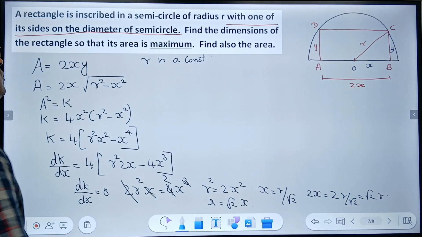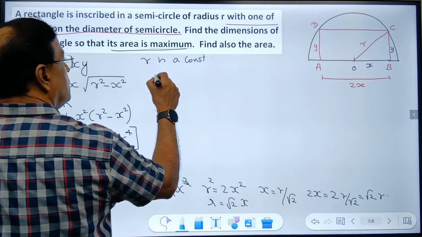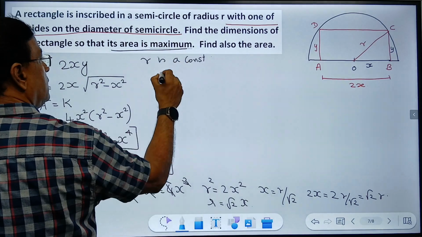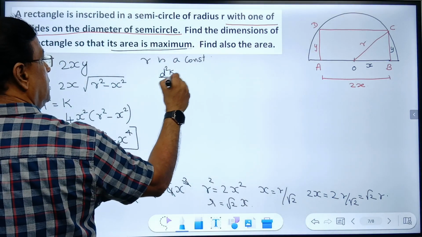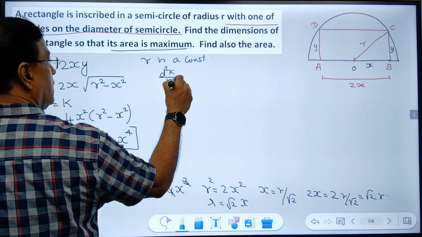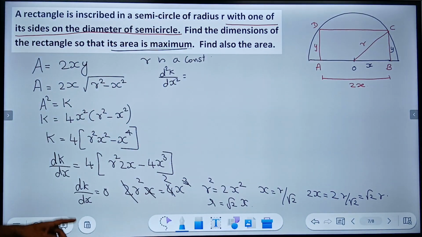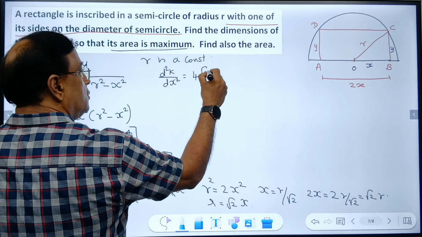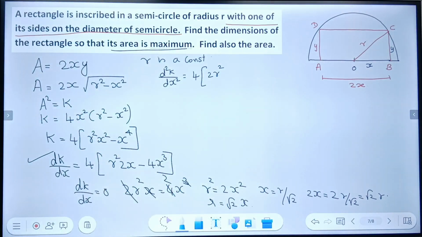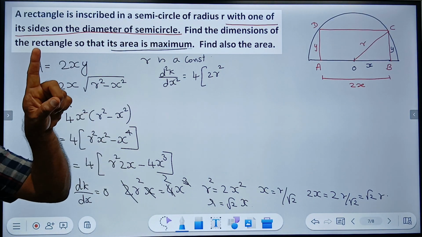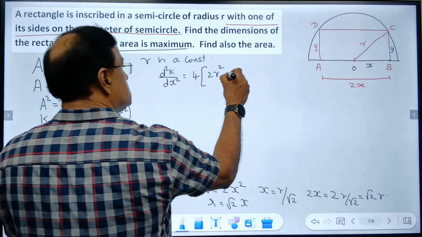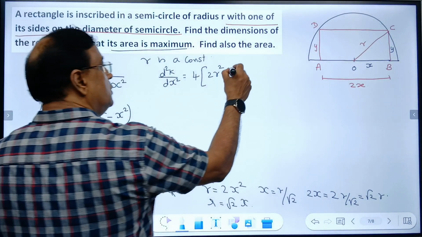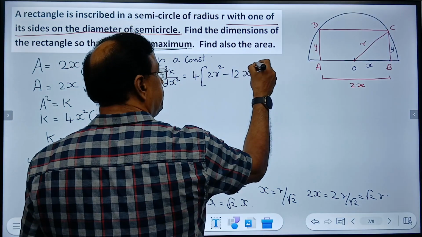Now, how do I know the area is maximum? Second derivative, d square k by dx square. So I'm going to differentiate this. 4 is a constant, 2r square is a constant, differentiation of x will be 1, minus x cube will be 3x square, already there is a 4, so it is 12x square.